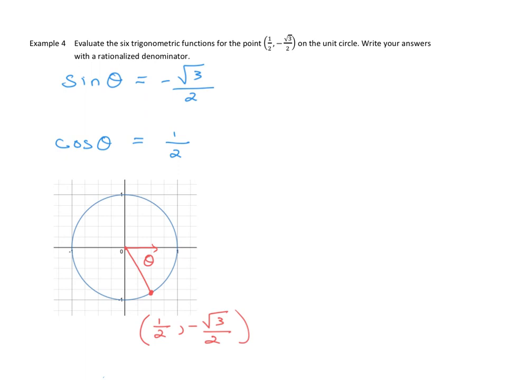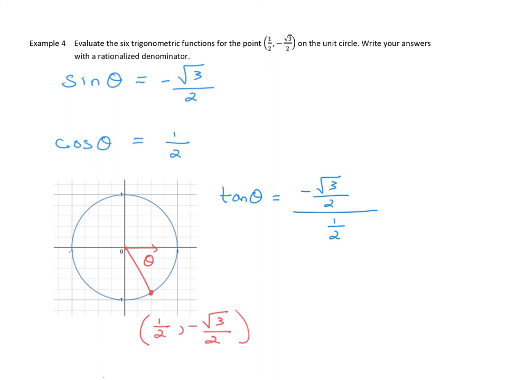All right, let's add another one onto here. What is tangent? Tangent of this angle is going to be the ratio of sine and cosine. So that's equal to negative root 3 over 2 divided by 1/2. Obviously, that's not a simplified answer, but let's go ahead and simplify it.